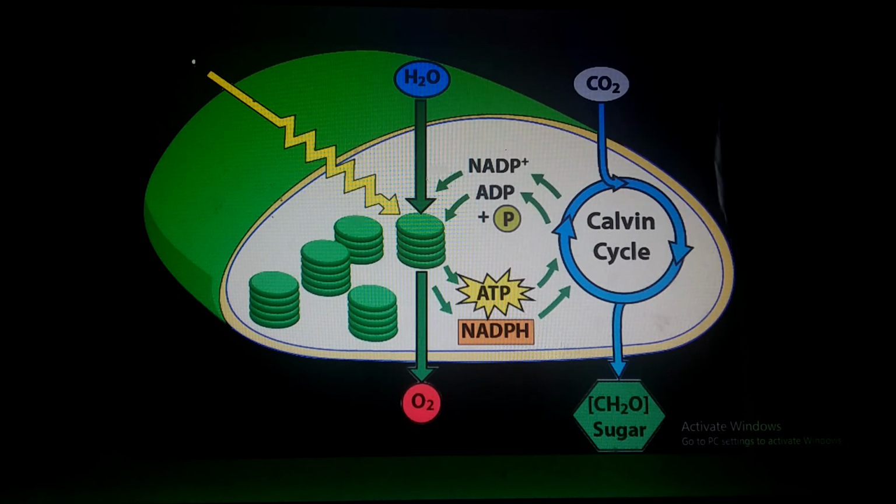I discussed this in detail in my previous lecture, so you must watch that lecture, and then this will be easily understandable for you. So the ATP and NADPH synthesized during the light reaction move towards the stroma, and this ATP and NADPH are then utilized during the Calvin cycle for the production of glucose, sugar.